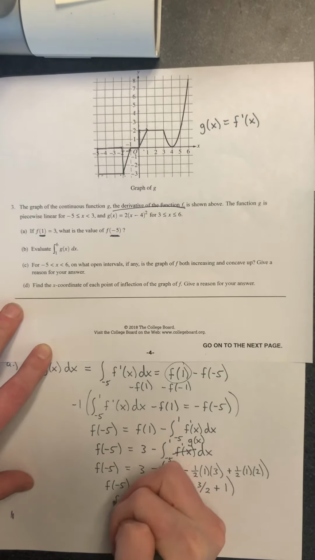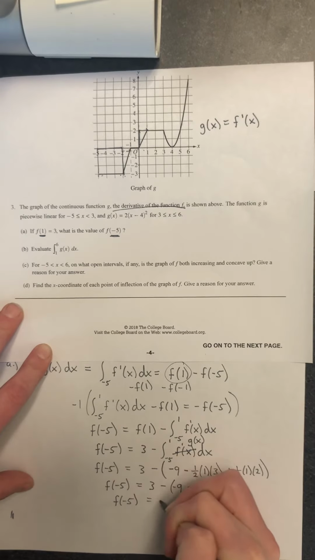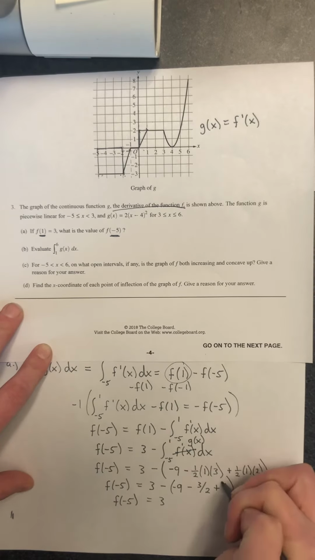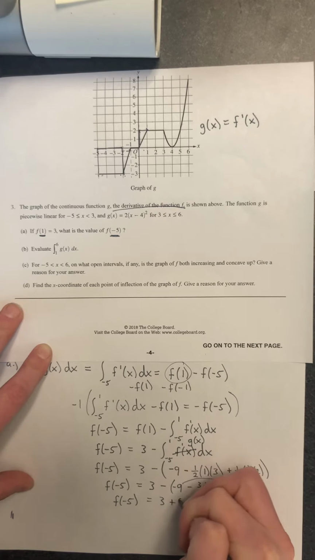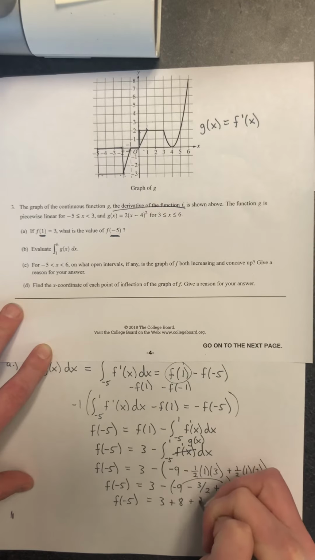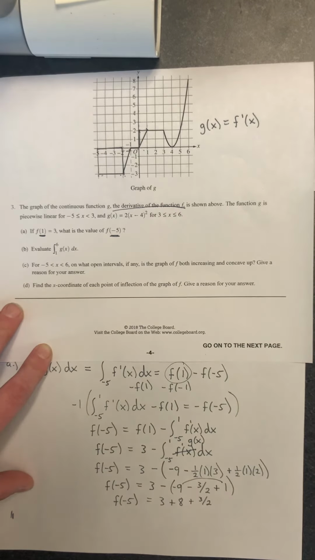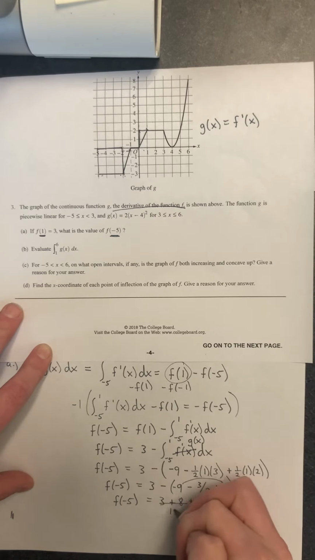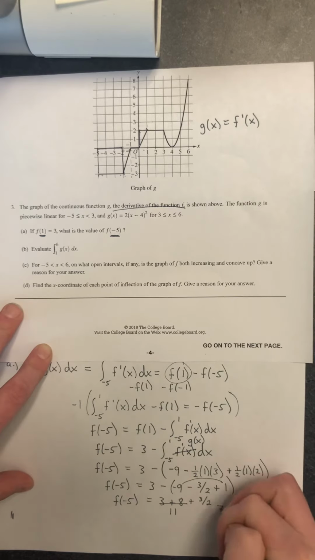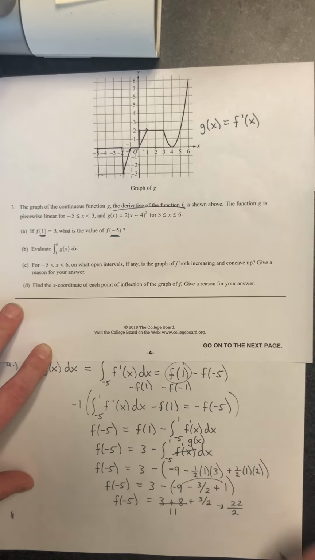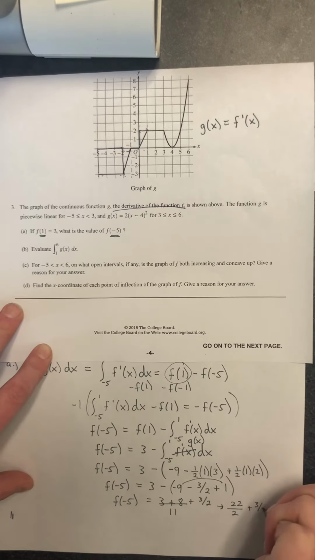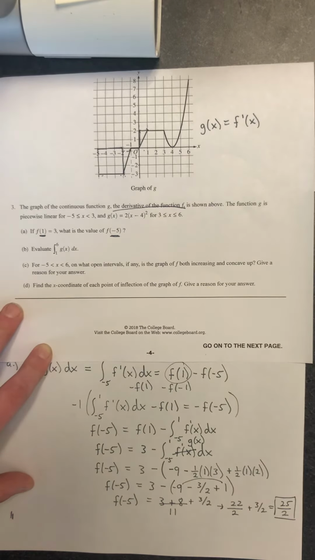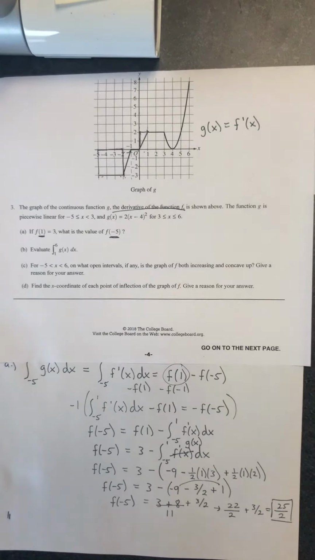Let's put these together. That's minus 8. So I'll say 3 plus 8 plus 3/2, which is 11 plus 3/2. Putting 11 over 2 is 22 over 2, plus 3 over 2. We should get 25/2 there. All right, so that is the answer for letter A, 25/2.